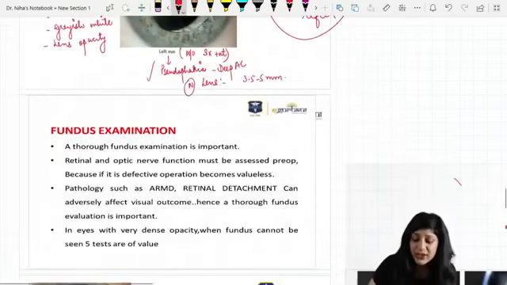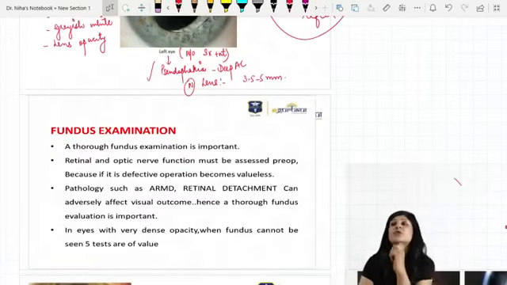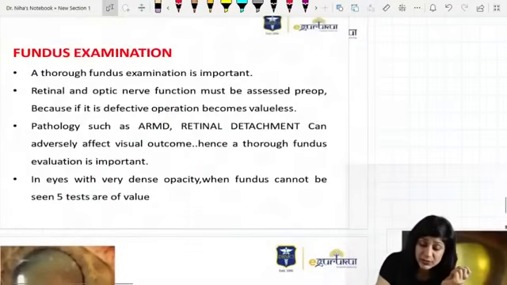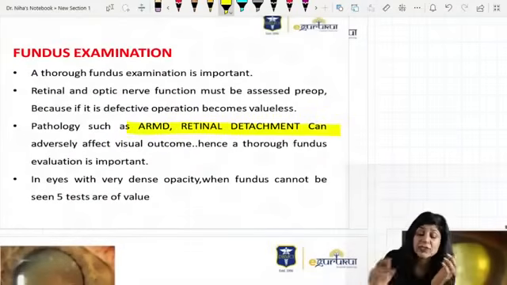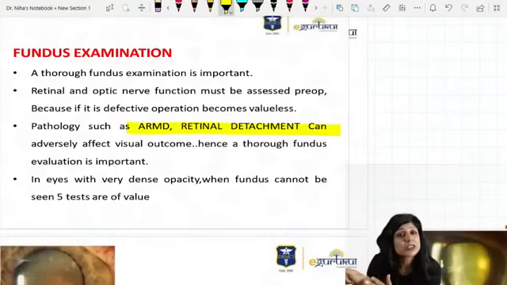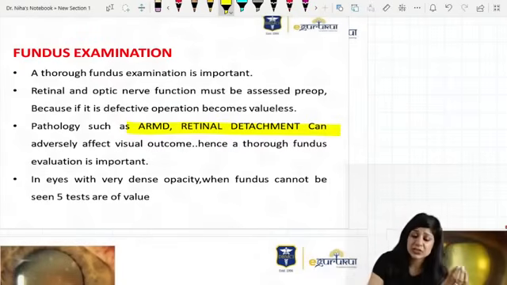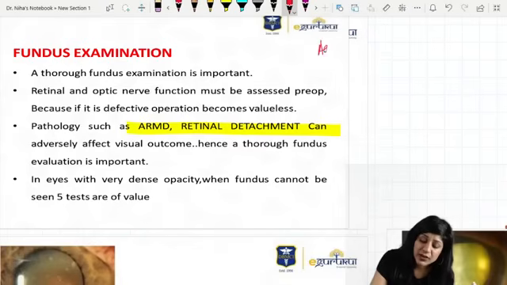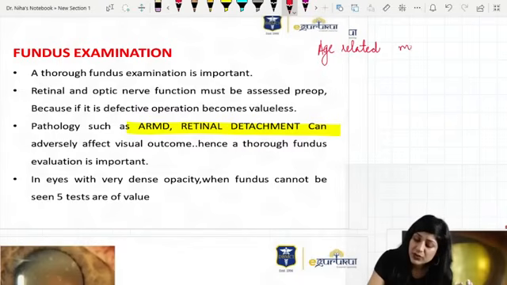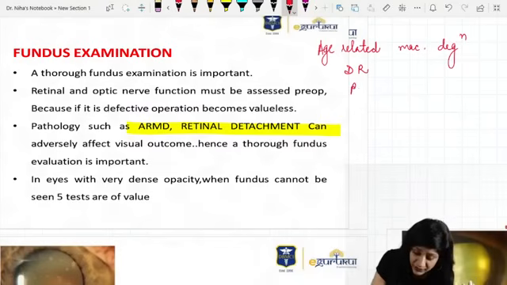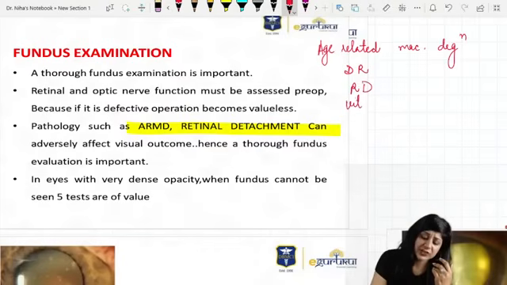Fundus examination, I have told you that it is important because we have to rule out certain things, especially ARMD. Maybe this patient is more than 60 years of age, so the patient may have features of age related macular degeneration, diabetic retinopathy, retinal detachment, or vitreous degeneration.